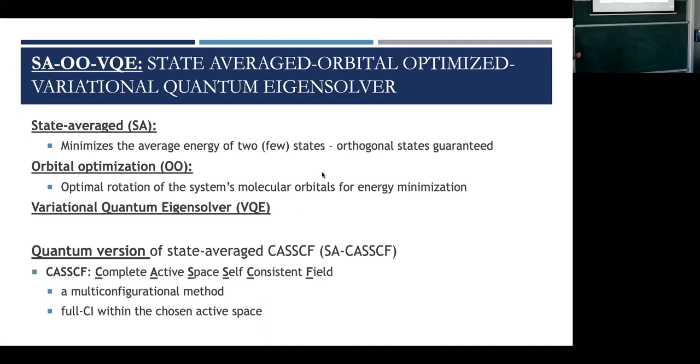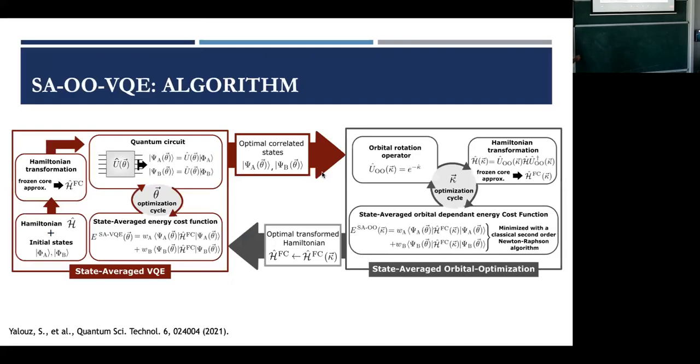Although there exists a classical analog of this, why do we need a quantum algorithm? It is just that beyond a certain point, we will not be able to use this classical algorithm. So this is how it works. This gray part here, the orbital optimization part, is purely classical.